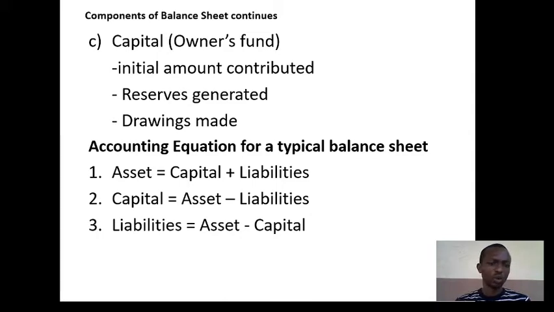Then there's what we call drawings. Drawings are those expenses made by the owner of the business that do not relate to the business itself. For example, an MD of a company taking money from the company to pay his children's school fees.